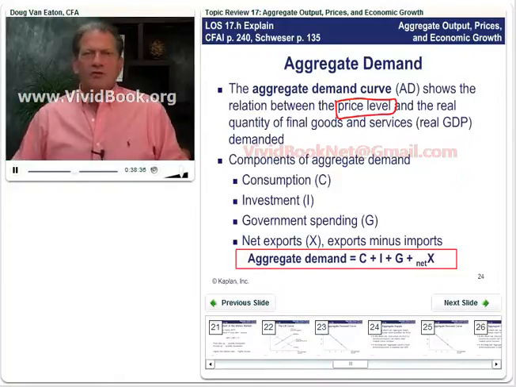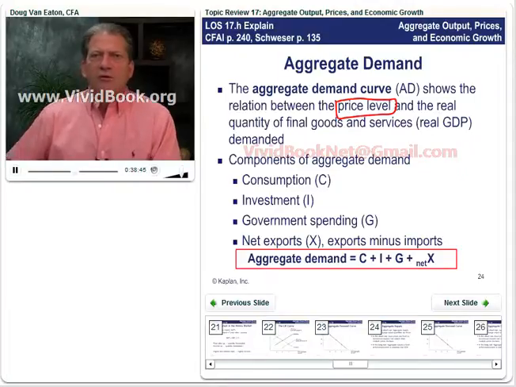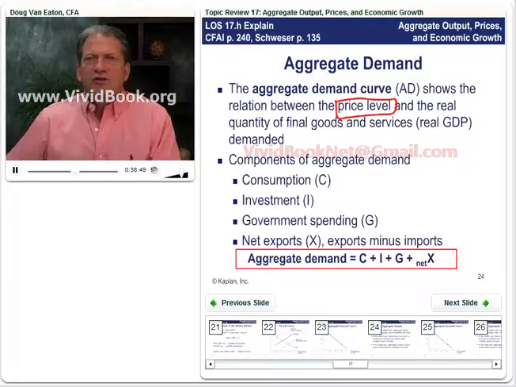So it shows this negative relationship between price level and the real quantity of final goods and services demanded. And what are the components? Well, as I mentioned, our big deal equation, C plus I plus G plus net exports. That's the sources of demand: consumers, businesses, government, and net foreign demand.